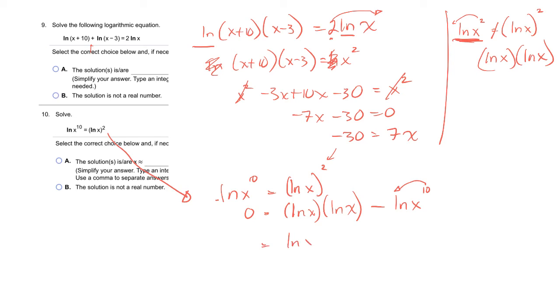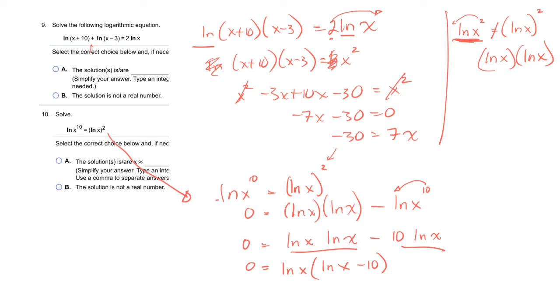So it'll be ln of x times the ln of x minus 10 ln of x equals 0. Now I have a ln of x in both this term and this term, so I'll factor one out. So it'll be ln of x times the ln of x minus 10 equals 0.